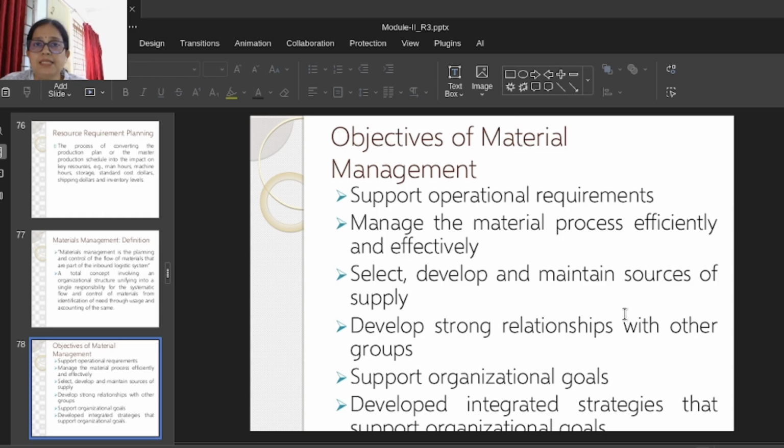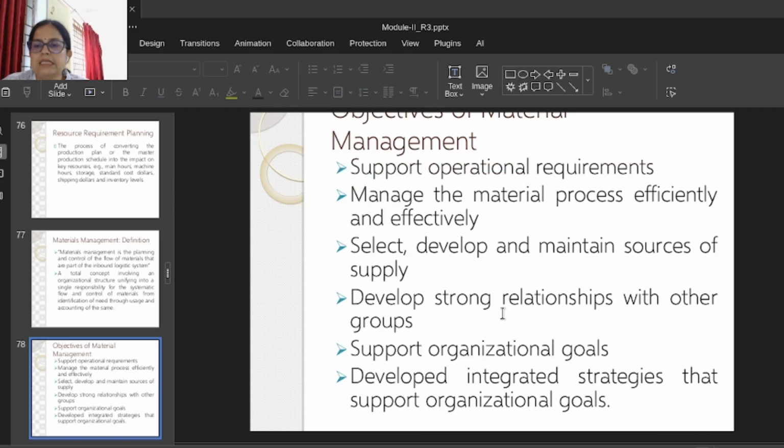It means we need to manage the vendors, the sources where we are procuring the materials, and develop a very strong relationship with all the groups of suppliers so that we can always put our order in time and receive the order in time. Support the organizational goal, and develop integrated strategies that support the organizational goal.